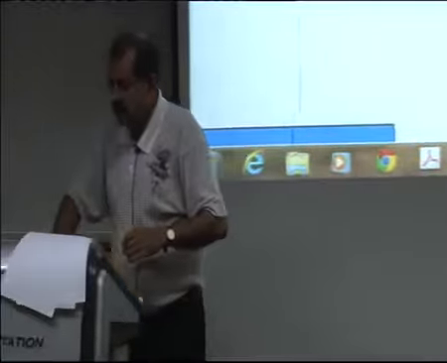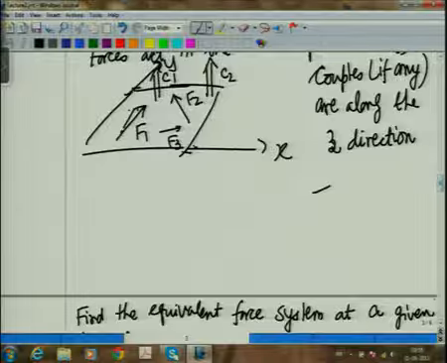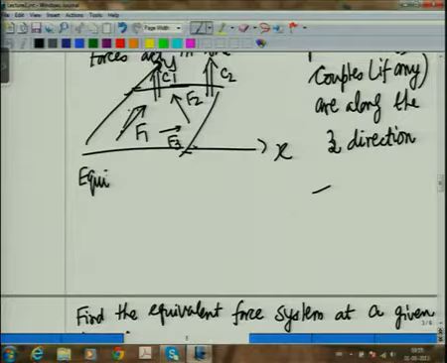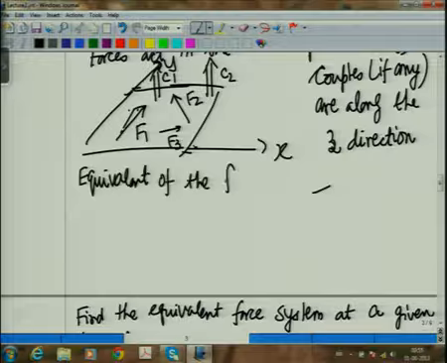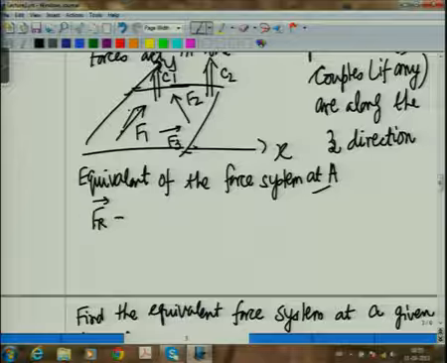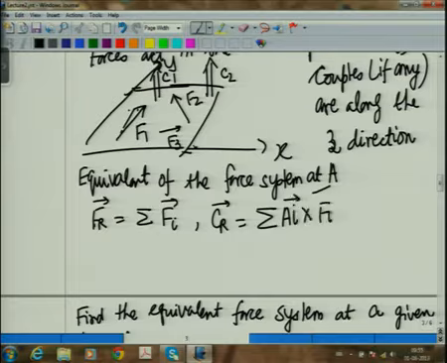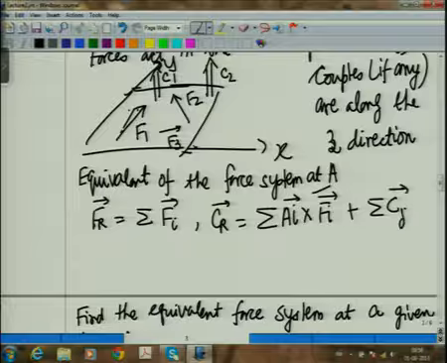Now here what happens is, if you look at this, the equivalent of the force system at A is Fr equal to sigma Fi, and Cr equal to sigma Ai cross Fi plus sigma Cg.